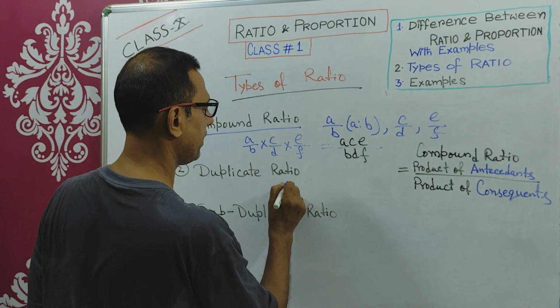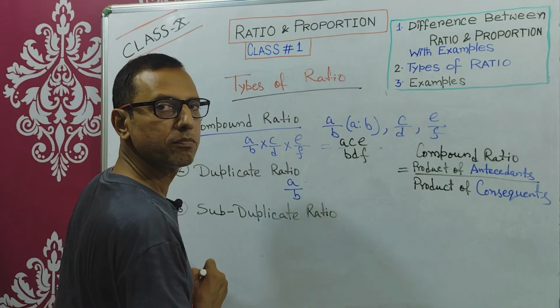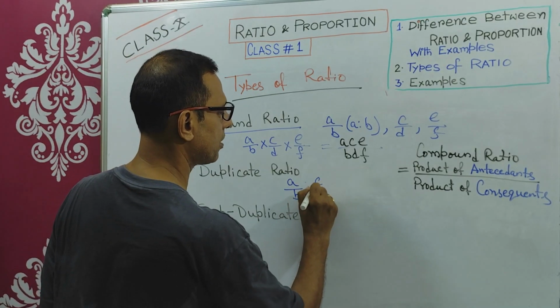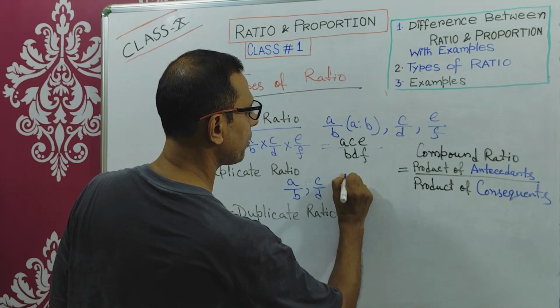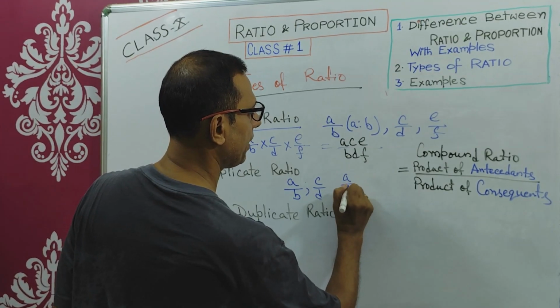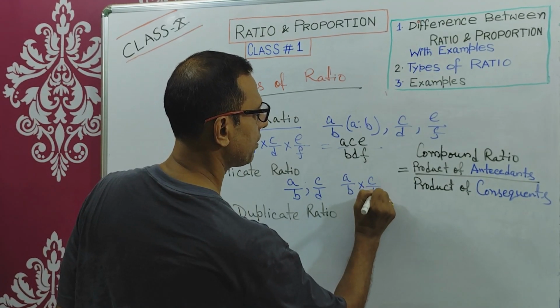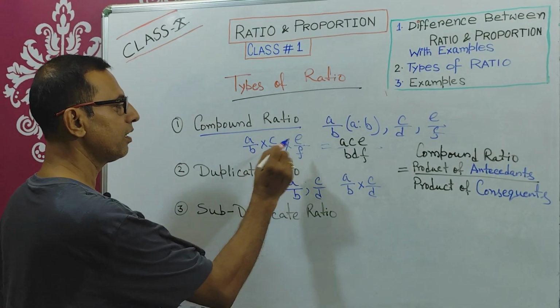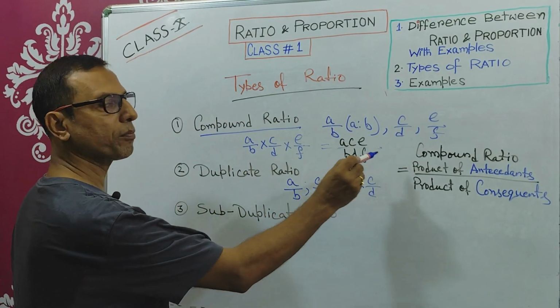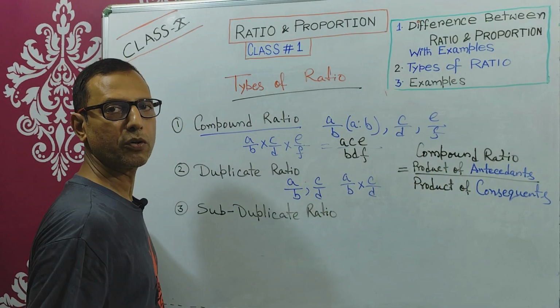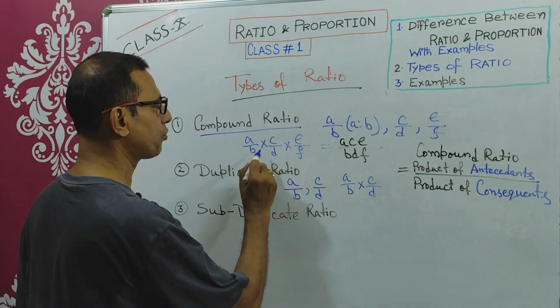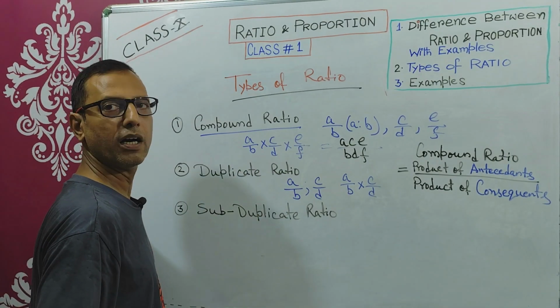So if I say there is one ratio A by B, another ratio is C by D, what will be the compound ratio? The compound ratio will be A by B into C by D, because compound ratio means the multiplication of the numerators or antecedents divided by the product of consequents or denominators. That means you are multiplying the ratios.